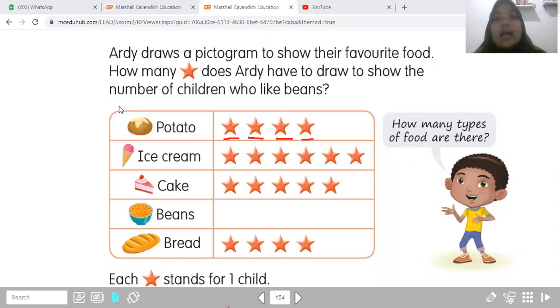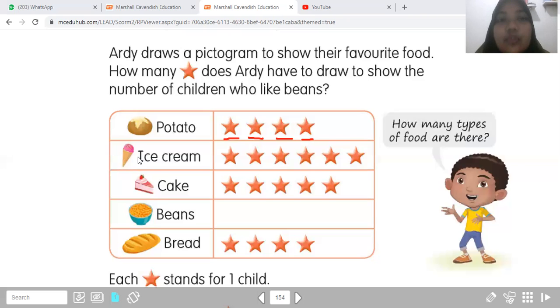Alright, students. Now your task is about making pictographs, right? Depend on you about the data. For example, the data is favorite food, or favorite color, or favorite toys, and it depends on you.